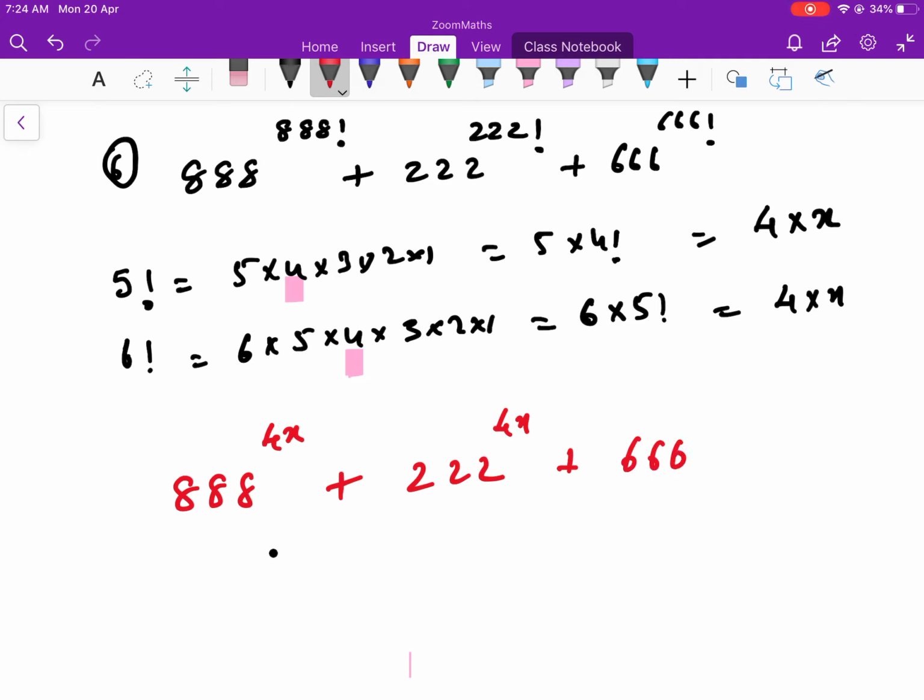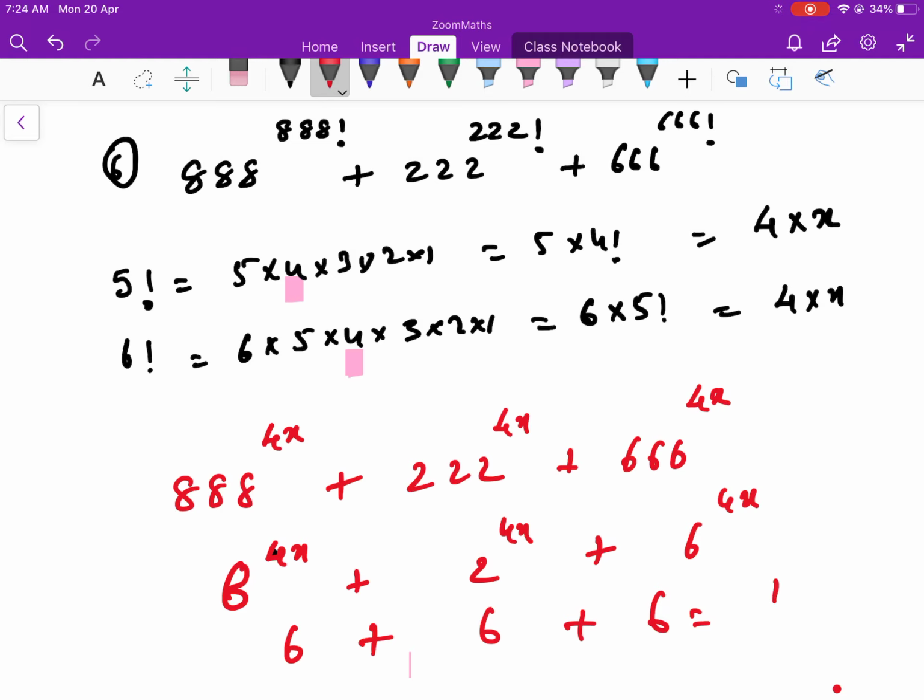An even number to the power of 4x always ends in 6. So we have 6, and the answer is 6. Add this, you get 18, and the unit digit is equal to 8.